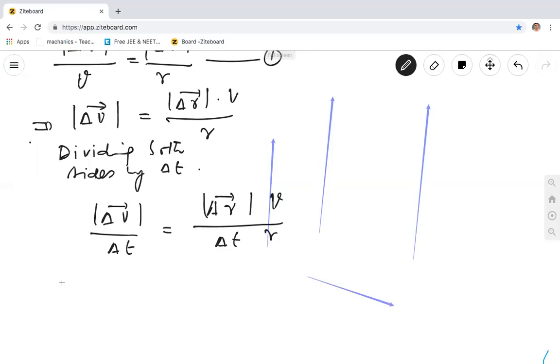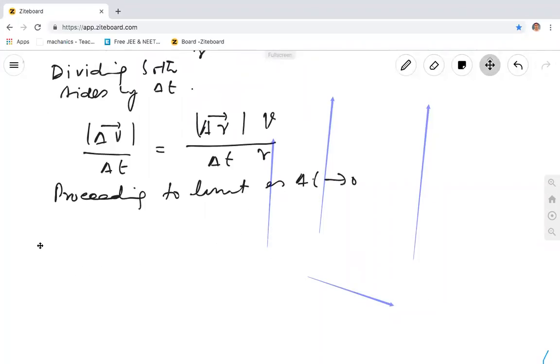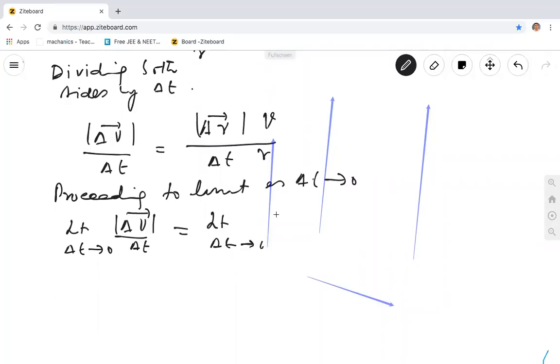Proceeding to limit, as delta t tends to 0, limit delta t tends to 0, delta v by delta t is equal to limit delta t tends to 0, delta r by delta t into v by r. समझ आ रहा है ये? Yes, sir.